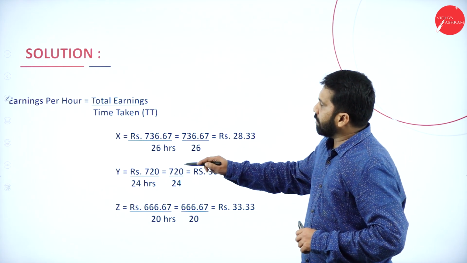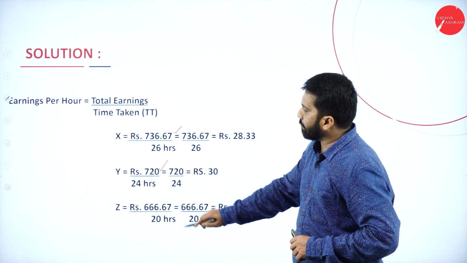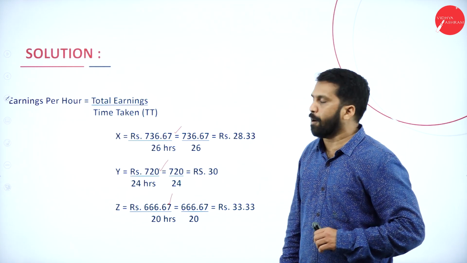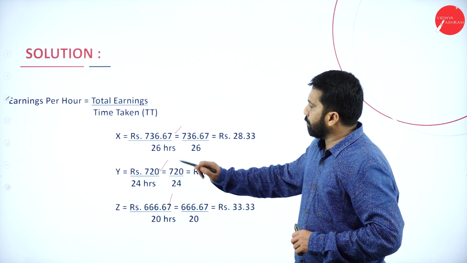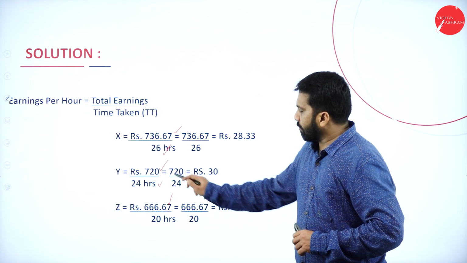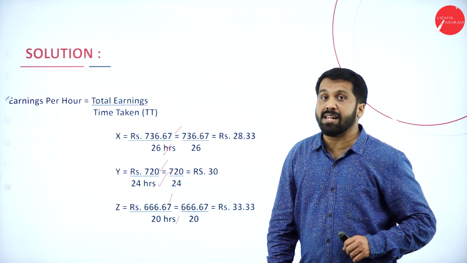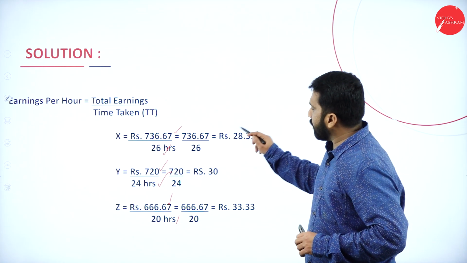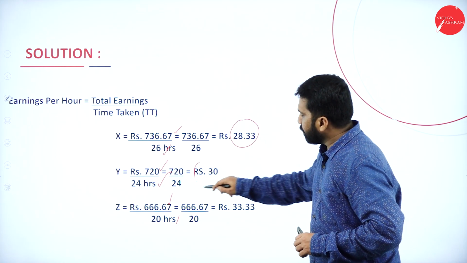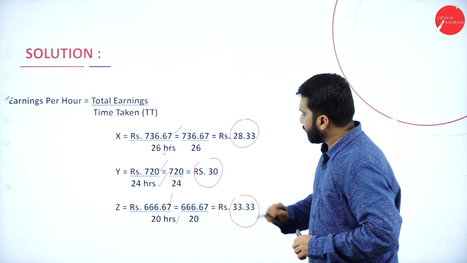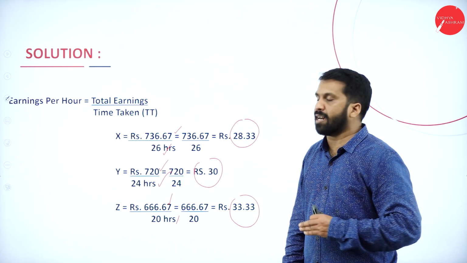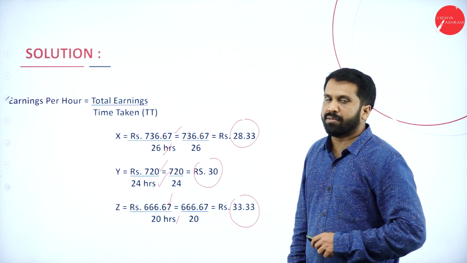Your earning per hour, total earning divided by time taken. Now, total earning 736, 720, 666. Now, what is the number of hours they have taken? 26, 24 and 20 hours. Now, divide, you will get 28 rupees, 30 as well as 33.33. These are the information we have with us.